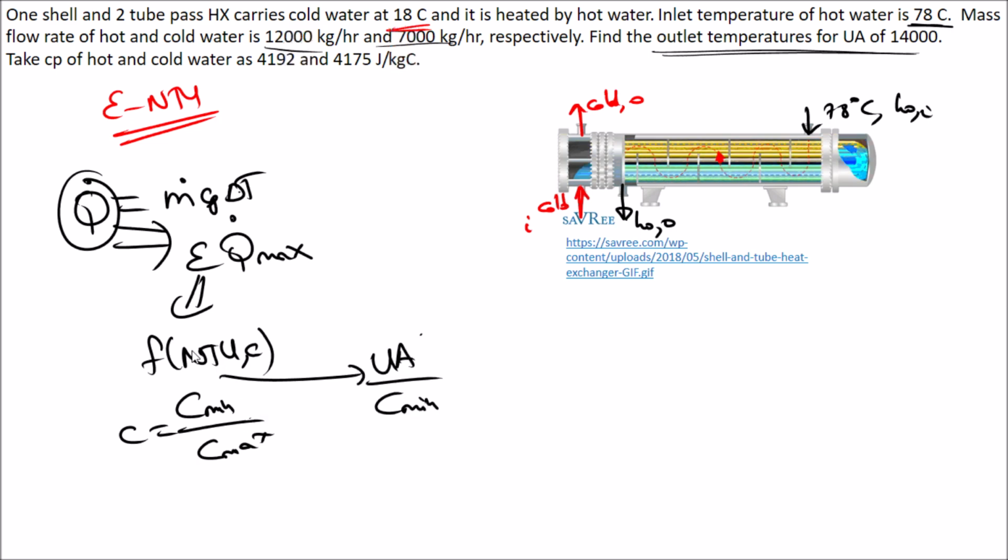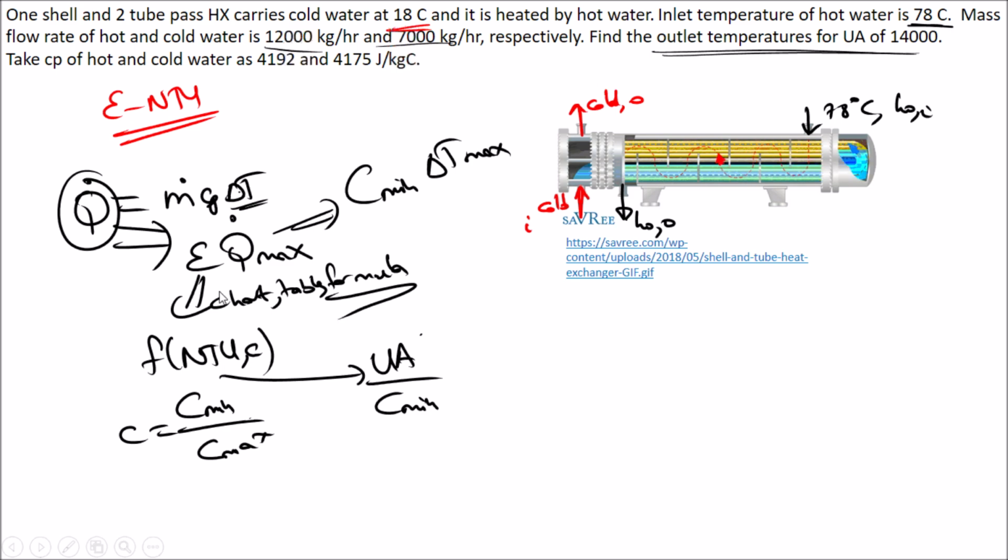I know these, therefore epsilon is found. And now comes Q dot max. It will be C minimum times delta T max. Now I can find these two, then Q dot, and then the temperature values. For epsilon you can use a chart, a table or a formula, whatever you have in your hand.